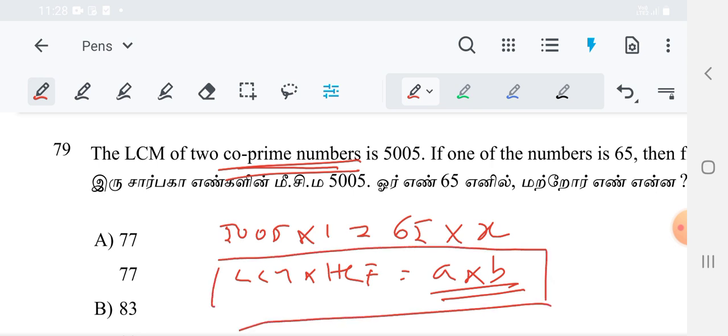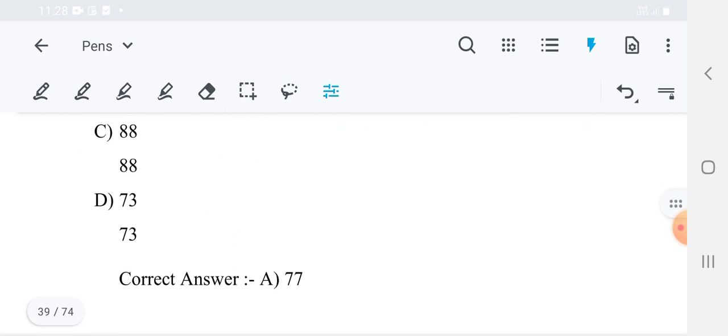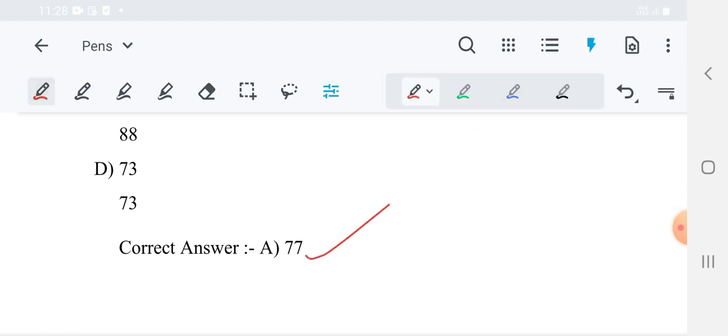So the unknown number X we have to find: 5005 divided by 65. If you simplify, the other number will come. Definitely you will get the correct answer, which is 77.